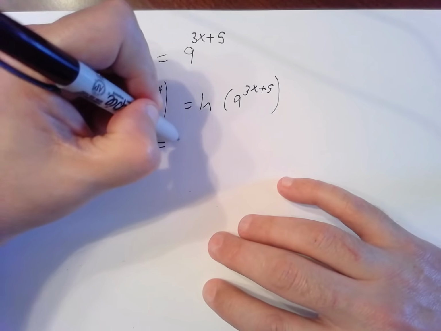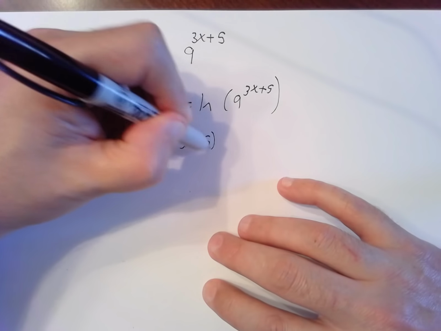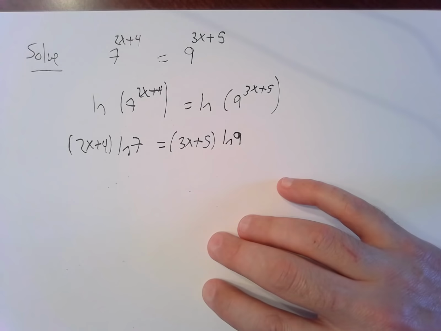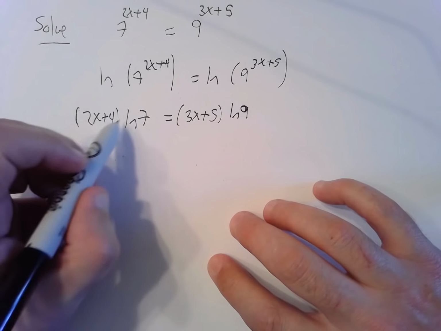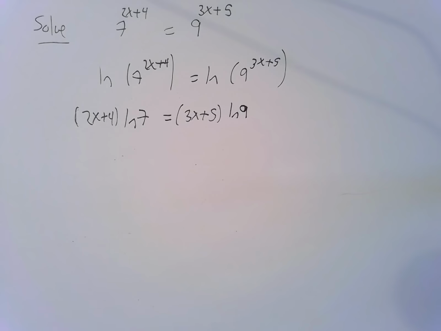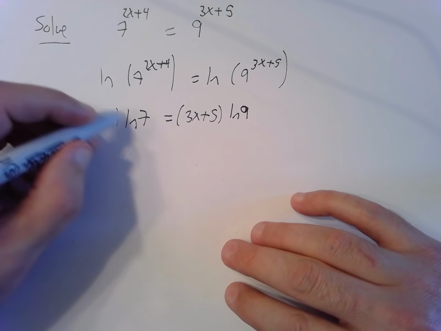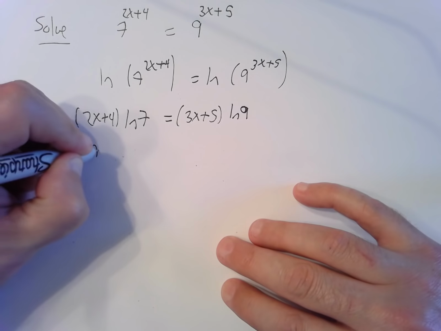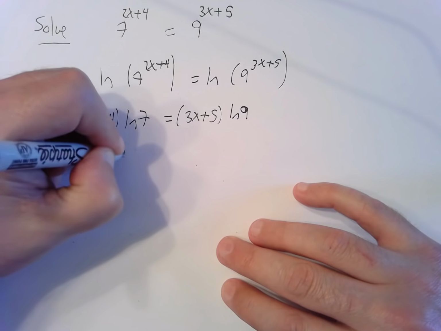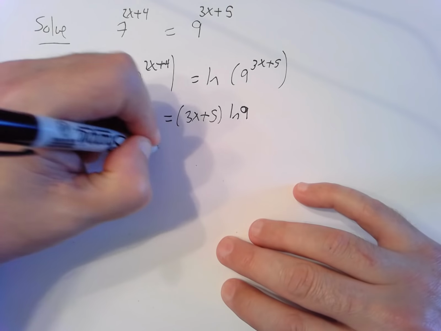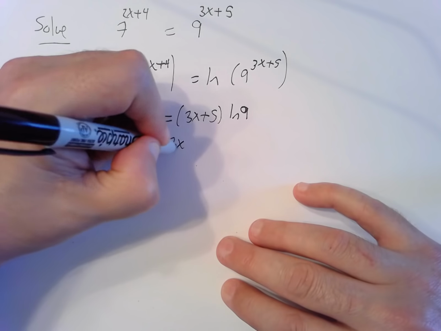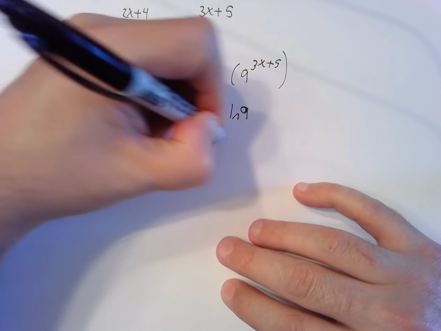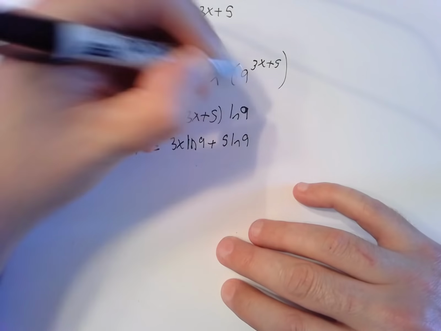This exponent 3x plus 5 comes down to ground level. We distribute these logs. When you write it down, write the log on the right side of each term. So distributing, we get 2x ln 7 plus 4 ln 7 equals 3x ln 9 plus 5 ln 9.